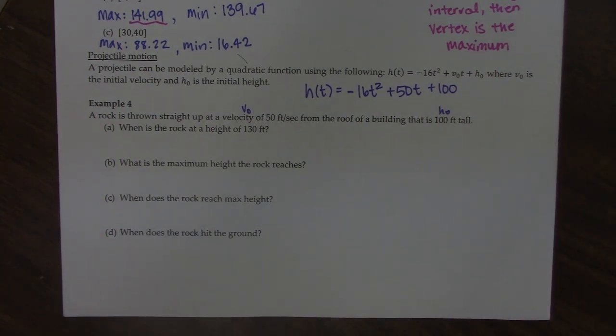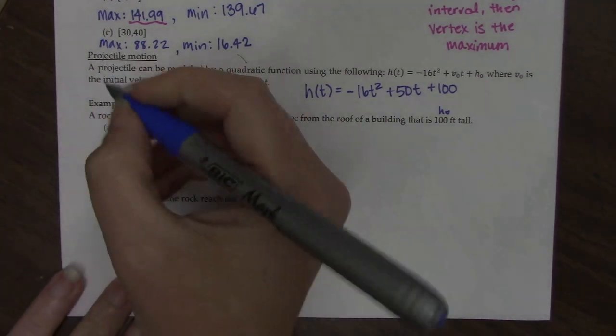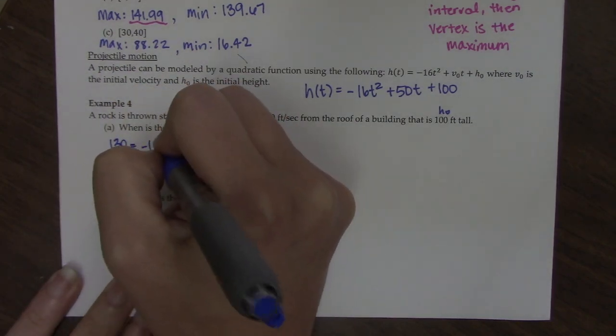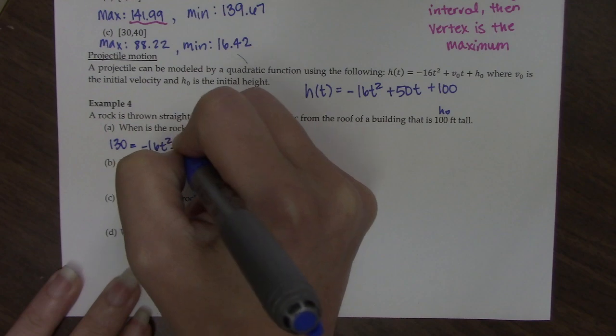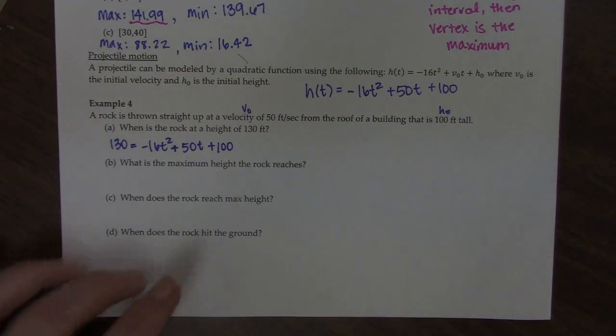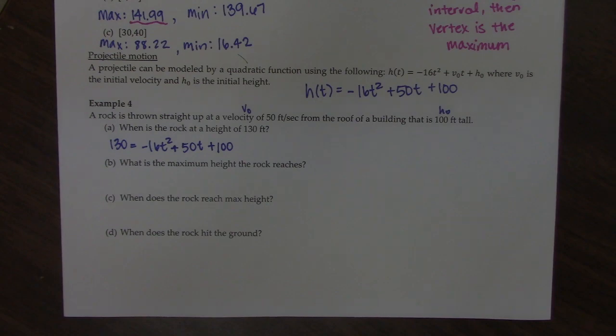Now we want to know, when is the rock at a height of 130 feet? That is another way of asking, for what value t does the parabola equal 130?